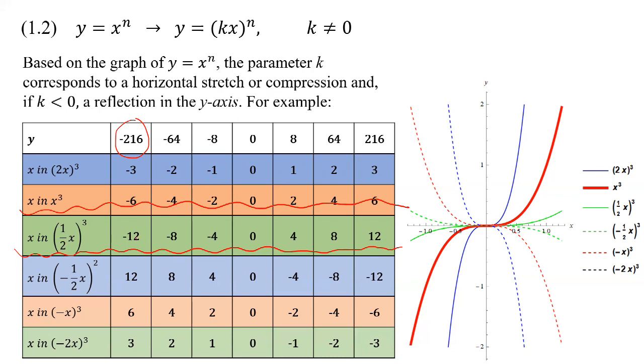So the x in the new function becomes twice the value in the original function. This is equivalent to horizontally stretching the function by a factor of 2, which is the reciprocal of this value here. Understand?